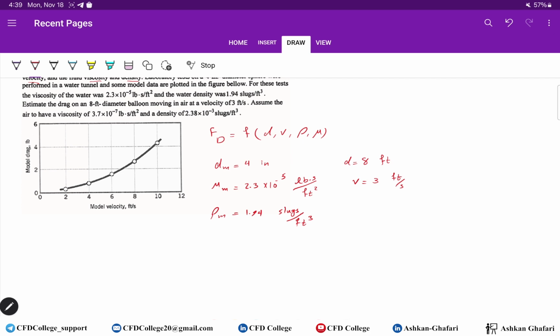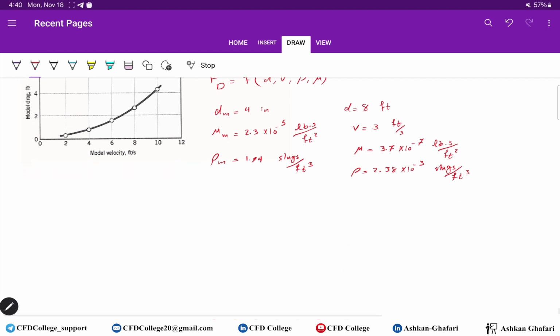Assume the air to have a viscosity of, so mu equals 3.7 10 to minus 7 pound second per square feet, and a density of 2.38 10 to minus 3 slugs per cubic feet. So actually we have everything.